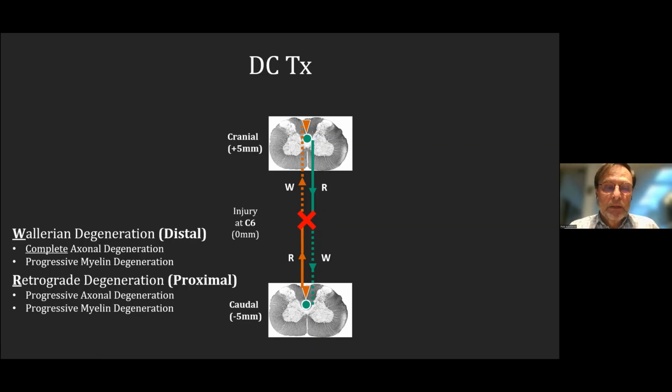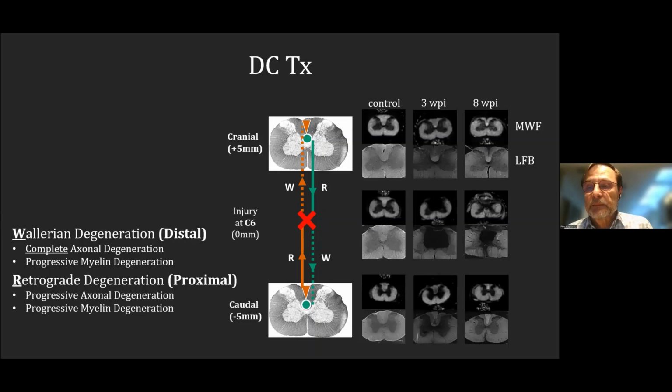It may take weeks or maybe even longer. And on the proximal side, we typically see the retrograde degeneration, which is progressive axonal degeneration that causes the retraction of the cut axons and also some bleeding.